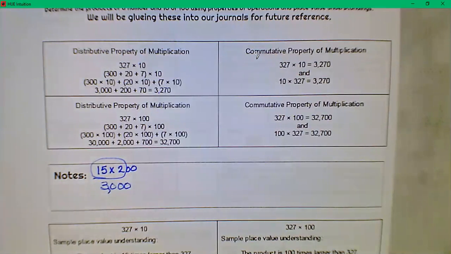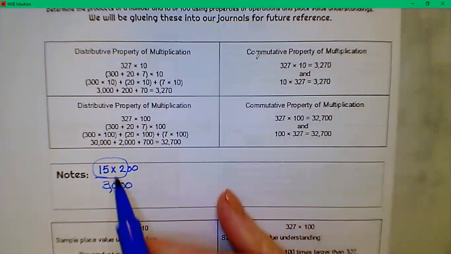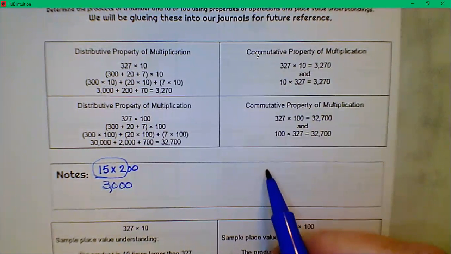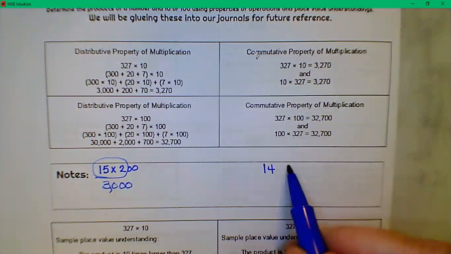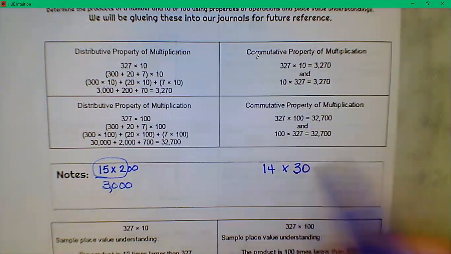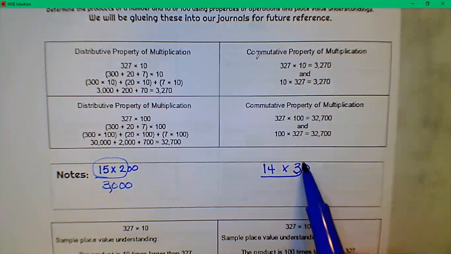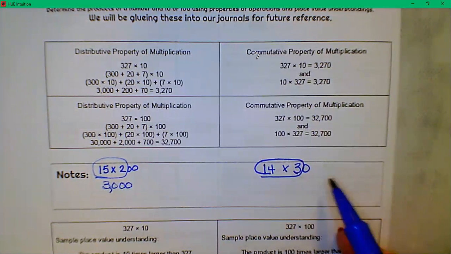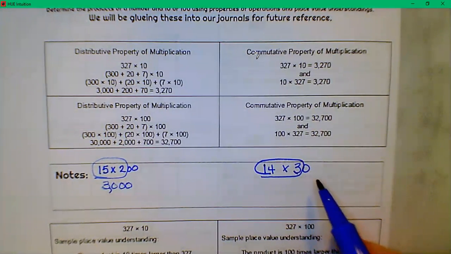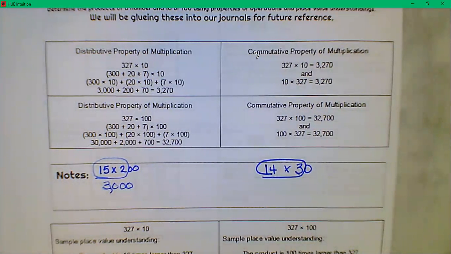So here I did 15 times 200. If I was to do 14 times 30, if I know what 14 times 3 is, all I've got to do is add a 0 to the back end of it. Who knows what 14 times 3 is? Close? Isaac? No. Harley?